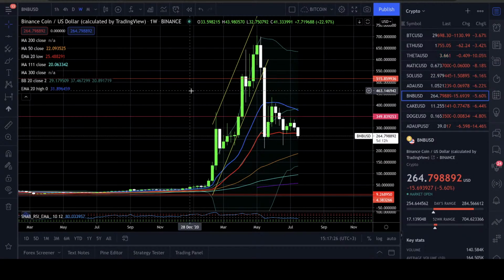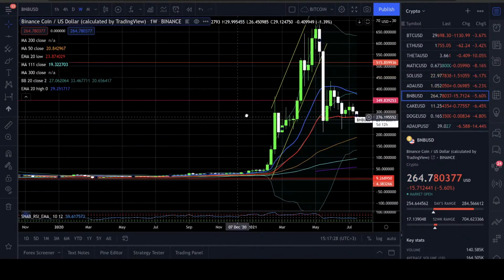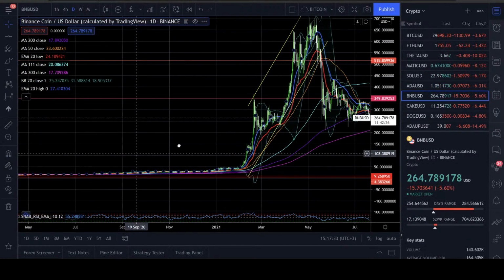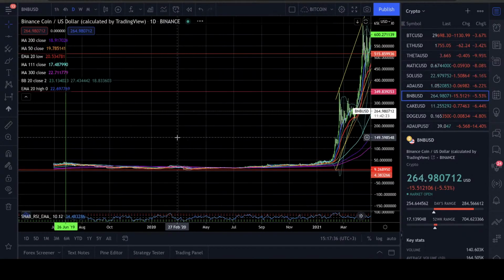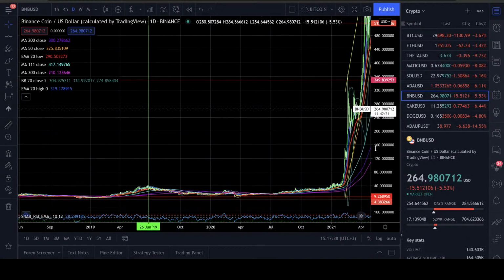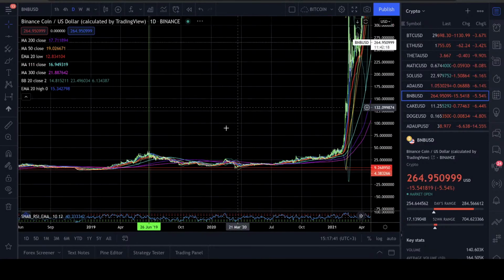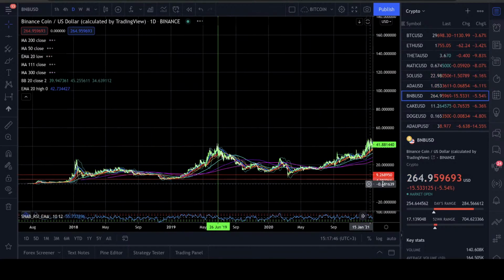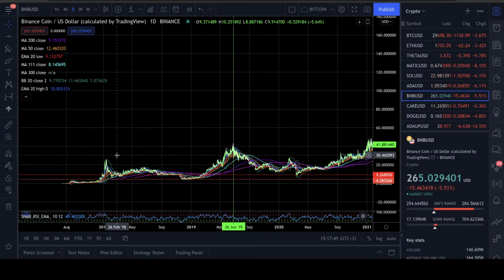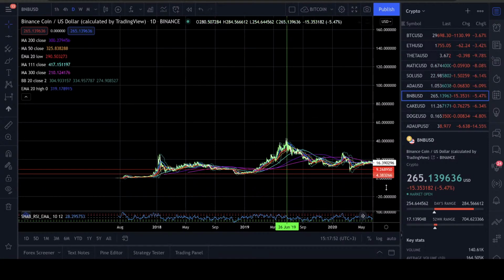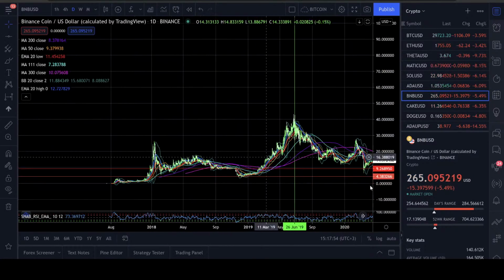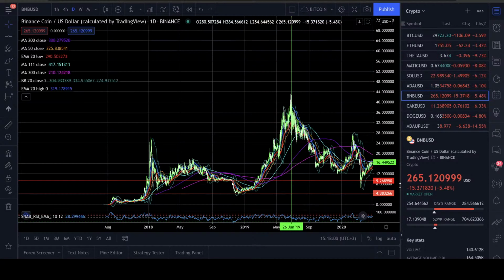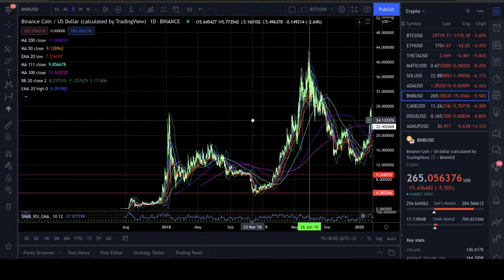So when you look at this BNB chart, let's have a look at 2018. What I've noticed in 2018 is that the drawdown of Binance Coin is exactly the same as Bitcoin. So let's have a look. Here we go. Binance Coin dropped about 85%, if I remember correctly, and that's good.